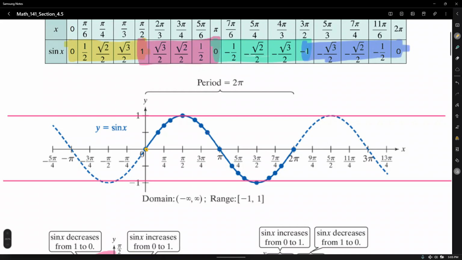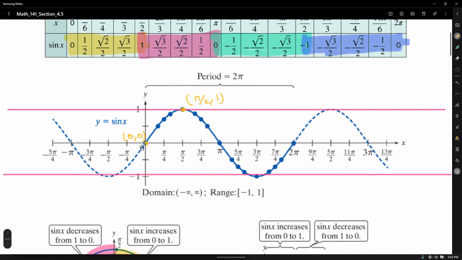The key points are the origin, 0, 0; the maximum point, pi over 2, comma 1; another x-intercept, pi, comma 0; the minimum point, 3 pi over 2, comma -1; and lastly, the point where the graph of sine completes one cycle, 2 pi, comma 0.